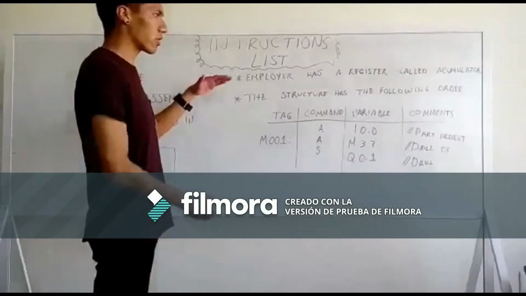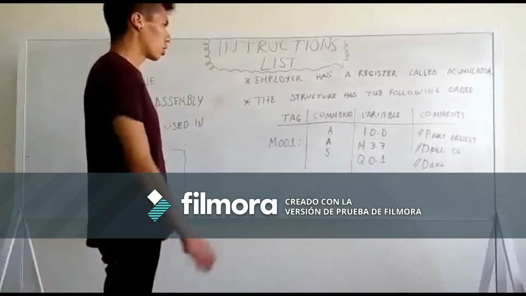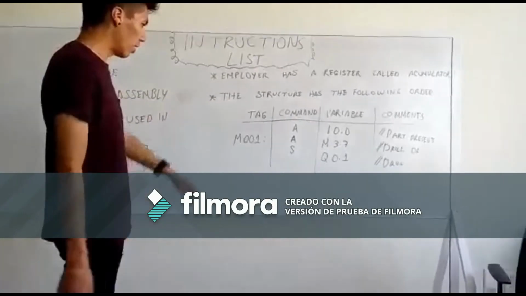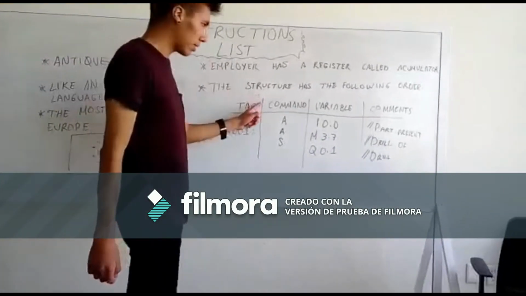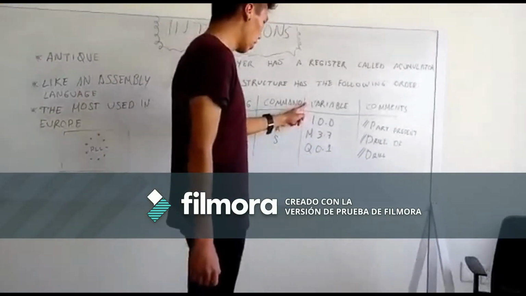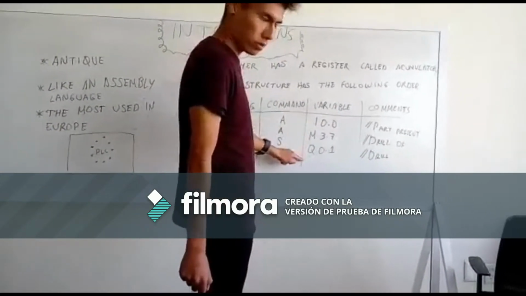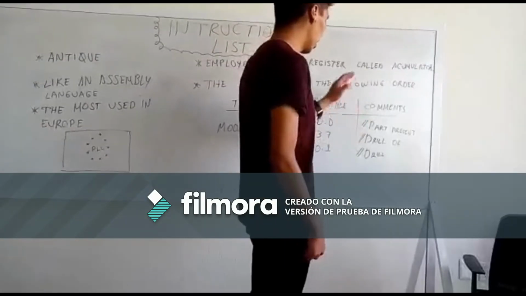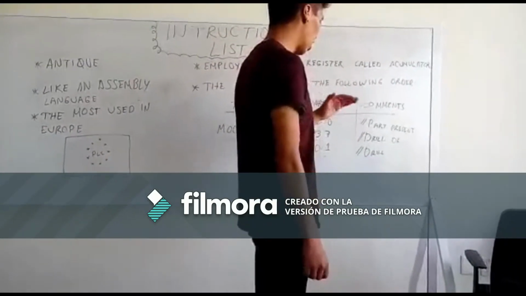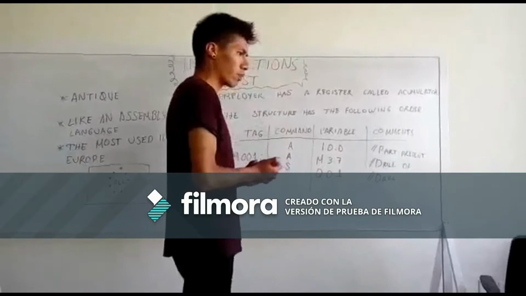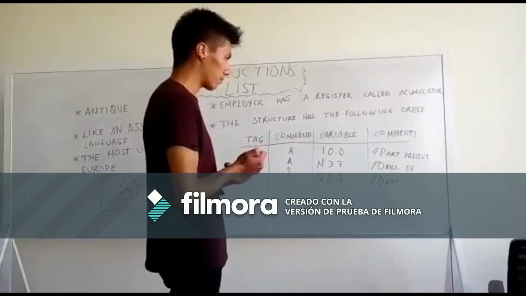The project has a register called the accumulator. The structure has the following order: tag, command, variable that can be inputs, marks, and outputs. The comments are an important part of this process.